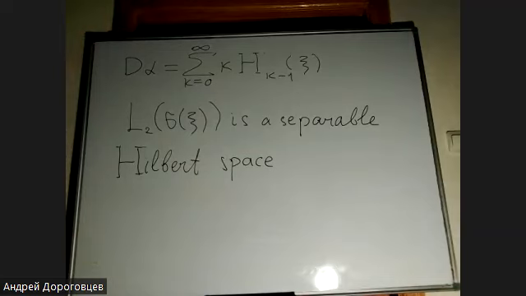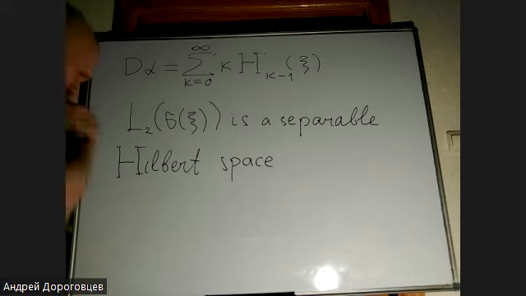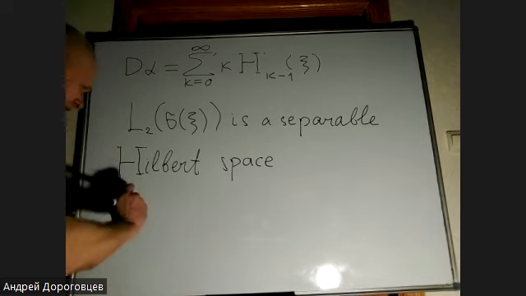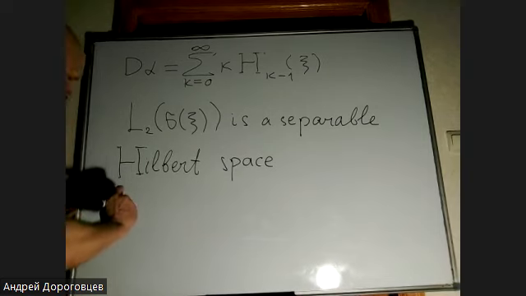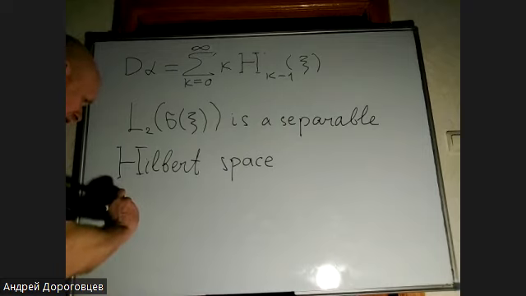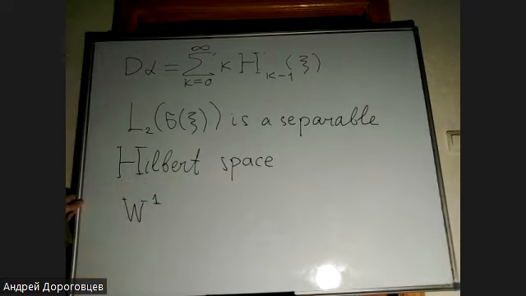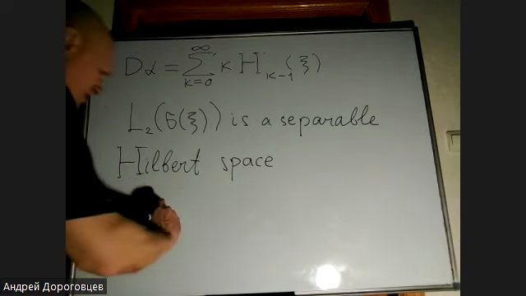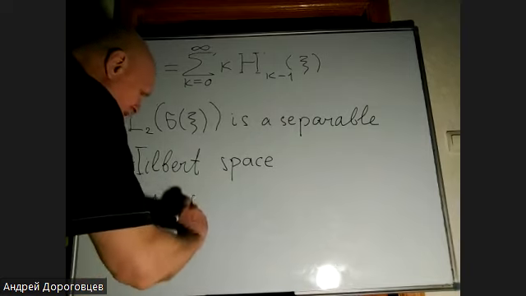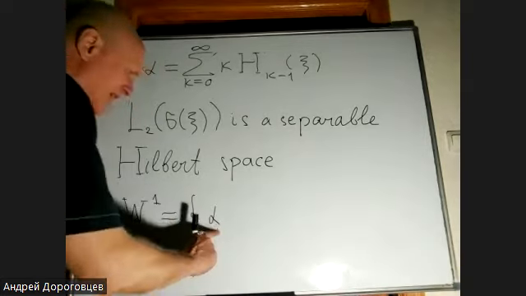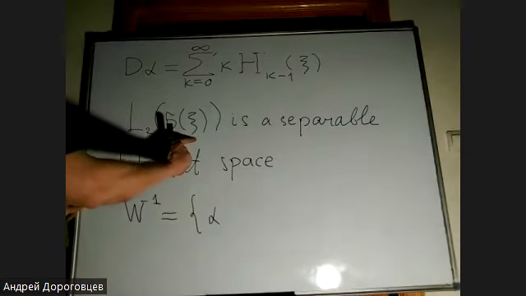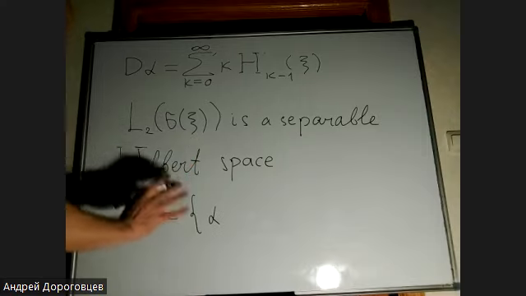Then I can consider the following construction here. Let me denote by W1 the set of all random variables alpha. I will not say that they are from here, we discuss only this case.